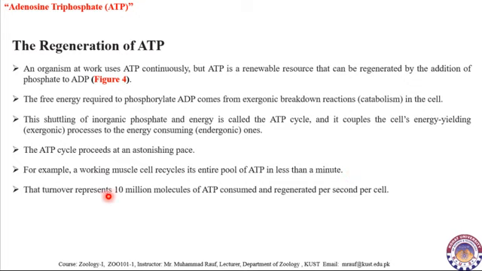The turnover represents 10 million molecules of ATP consumed and regenerated per second per cell. So just imagine this value: 10 million molecules of ATP will convert into ADP, will lose their phosphate, and then again will be regenerated to ATP in just 1 second per cell.